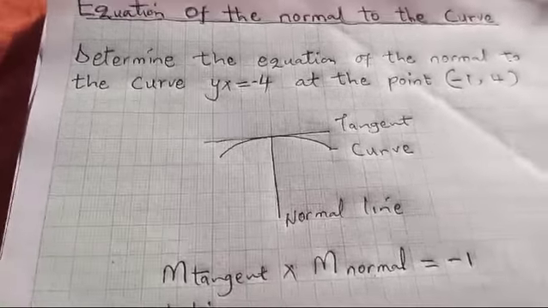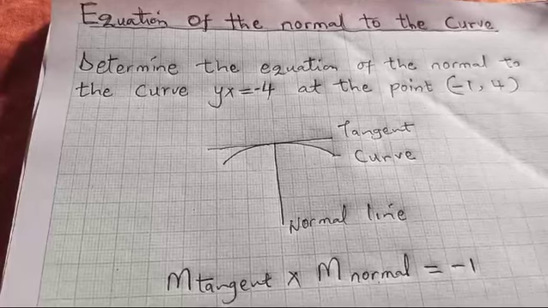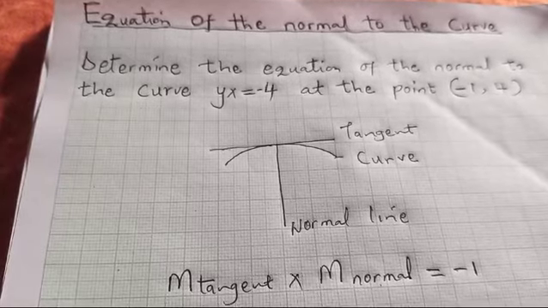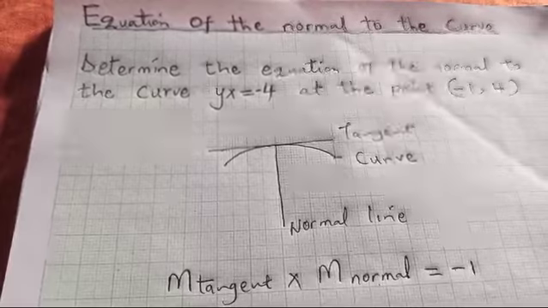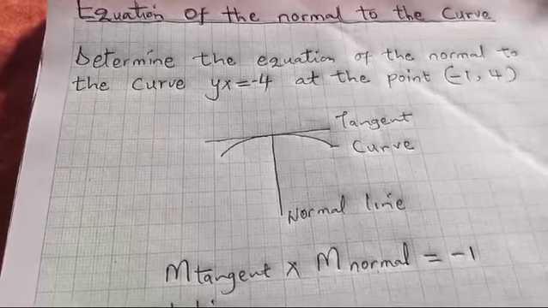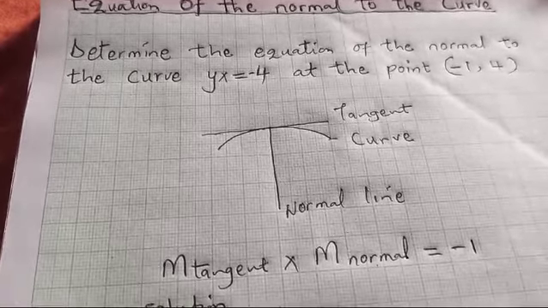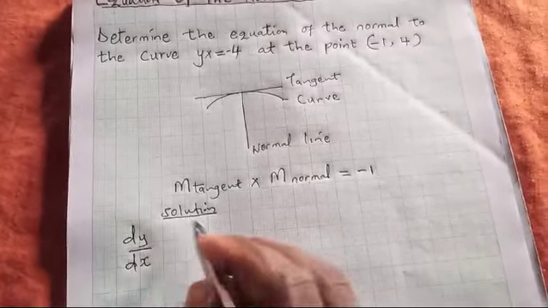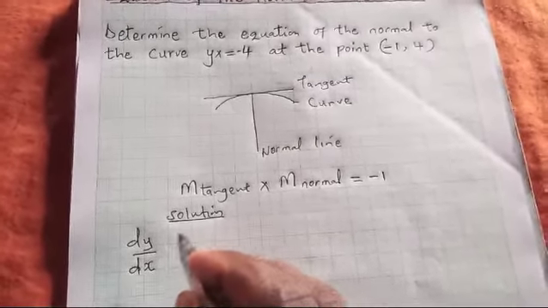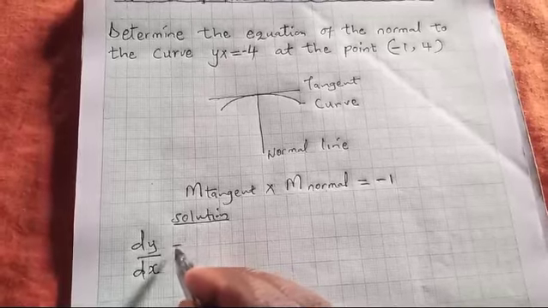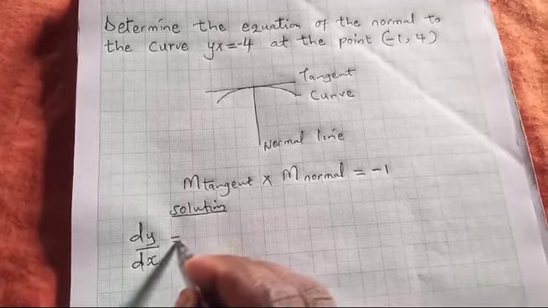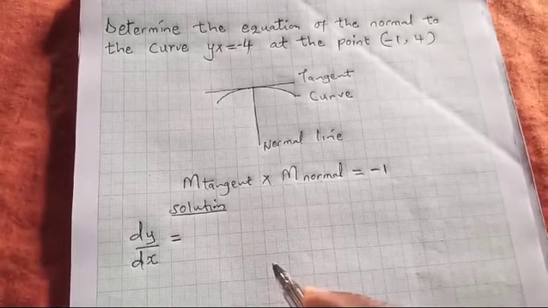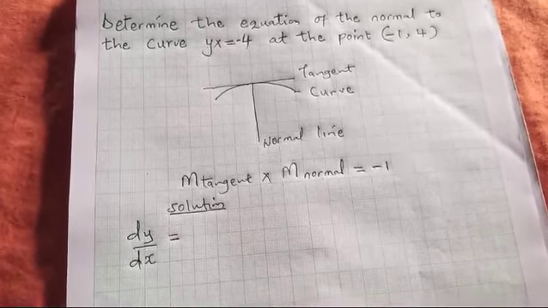We are going to run this question through the steps that we followed previously on writing the equation of a tangent. So we are going to find the derivative dy over dx, the derivative of the function. In this case, our function is yx = -4.